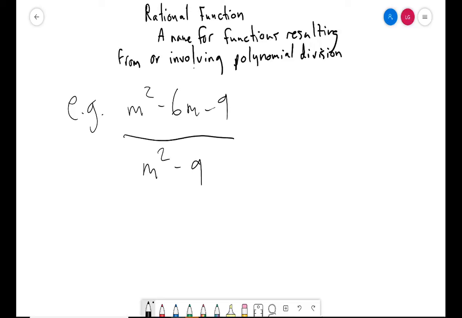Every time, literally every time you come across a rational function, you should be asking the question of, are there values of the variable that make me divide by 0? If there are, then those values of the variable cannot go into the function. So, for example, we find them by finding when the bottom is 0.